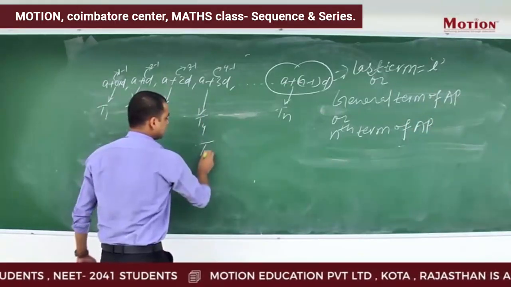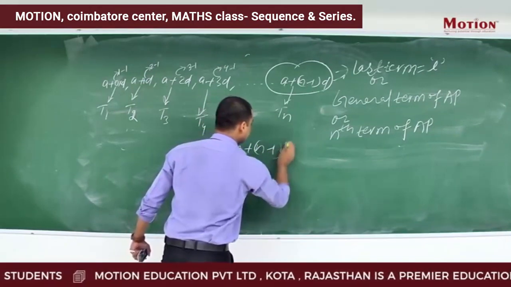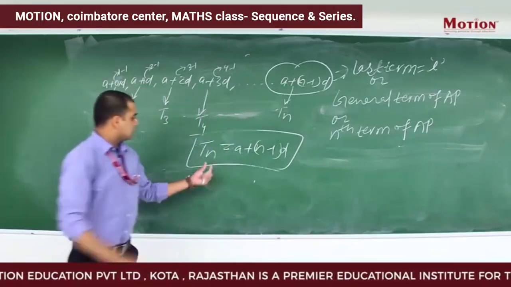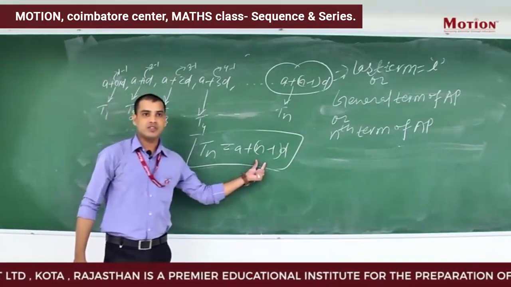So Tn is equal to A plus n minus 1 into D. This is our formula for the nth term of AP.